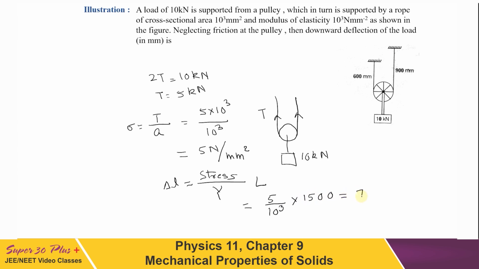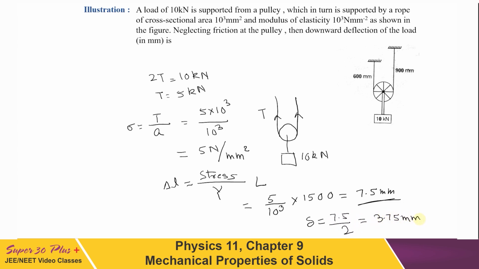The answer will be 7.5 mm. And therefore the deflection of the load: this 7.5 mm is the total increment in length of the rope, and the pulley will come down by half of this. So the load will be deflected by delta, equal to half of this, that is 7.5 by 2, which is equal to 3.75 mm.